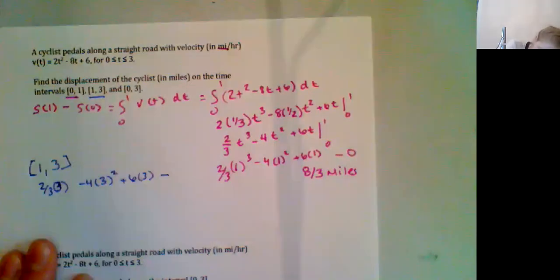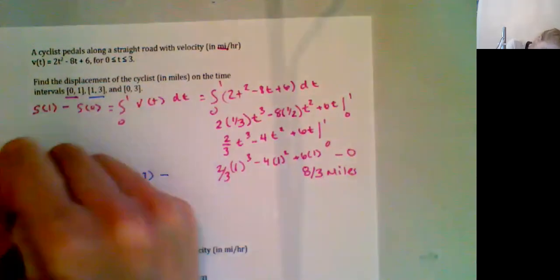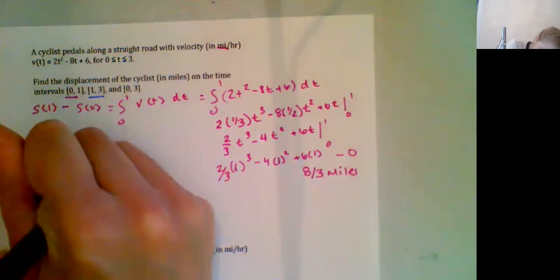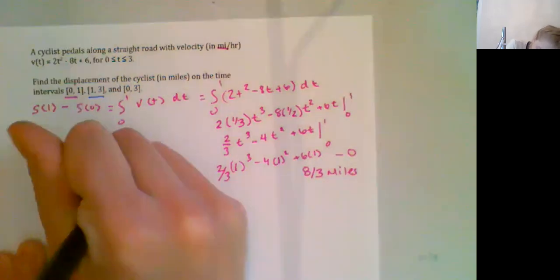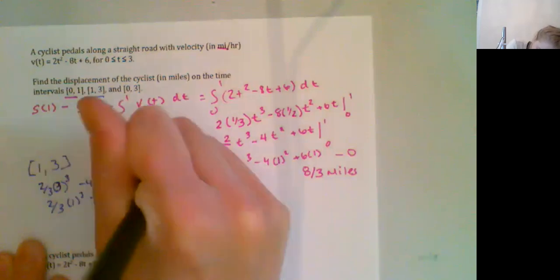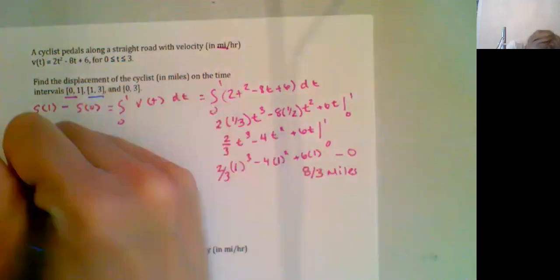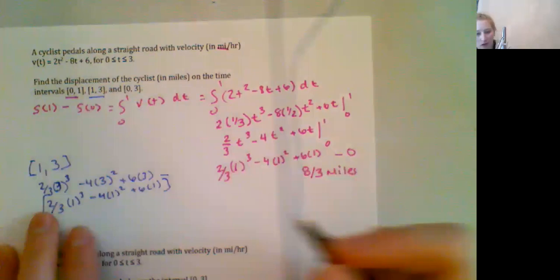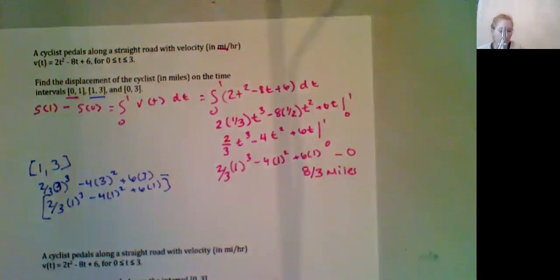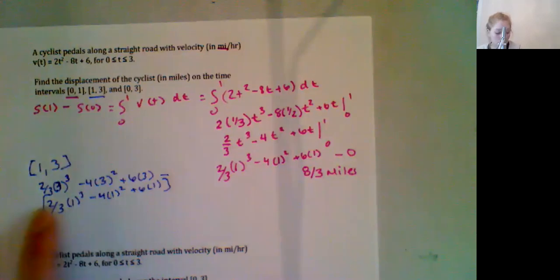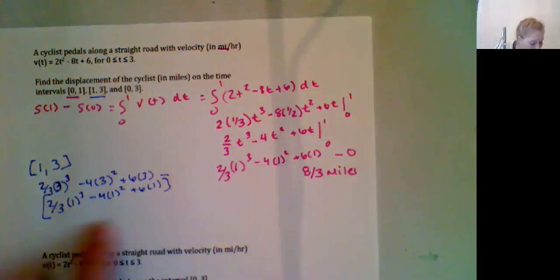Oh, I forgot this part. 2/3. Okay, so if I type all that into my calculator, making sure to put a second set of parentheses or brackets around this second part, I'm going to get negative 8/3.